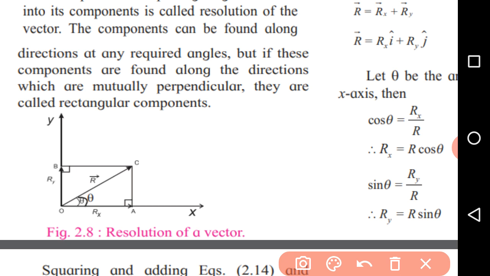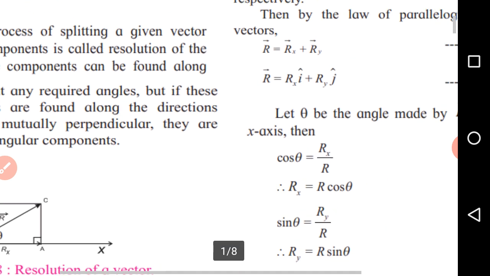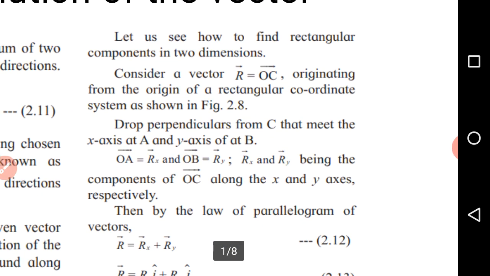See here, O is the origin, and OA is one of the vectors, OB is one of the vectors, and all the other sides, say BC and CA, make an angle of 90 degrees. So we have to find their components.